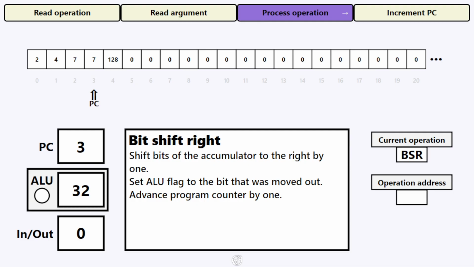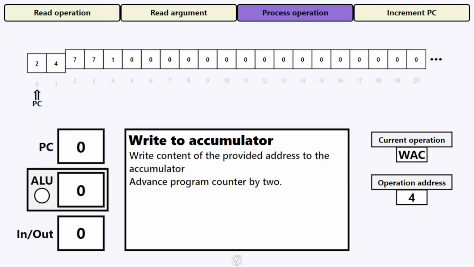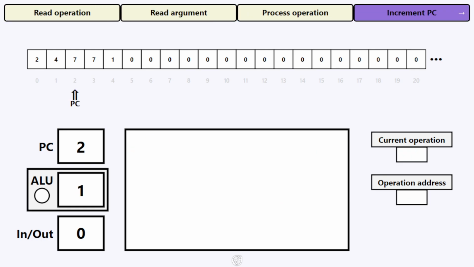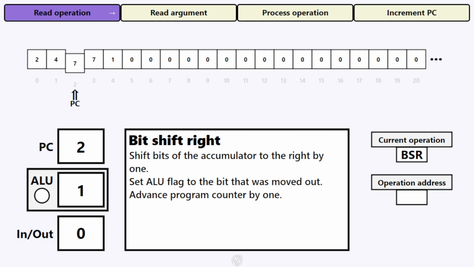And this also has an interaction with the flag. If we have just zeros followed by a single 1 in the rightmost place, and we now bit shift to the right, that means we move this 1 out of the memory cell, drop it, and just pad with zeros, so we set the flag again.